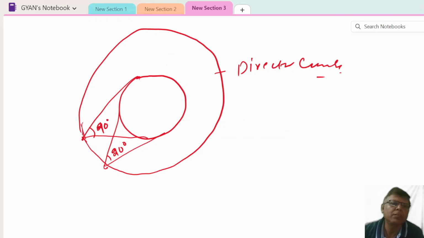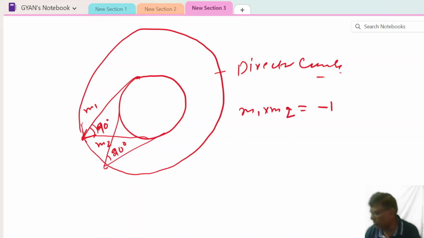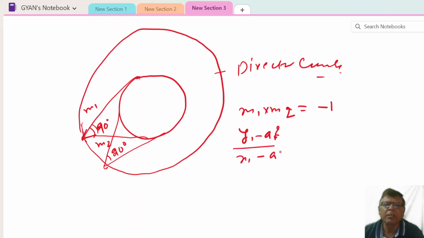So here this is 90 degree, this is m1, this is m2. So for the director circle, m1 into m2 is equal to minus 1. So m1 into m2, we have already calculated, is y1 square minus a square divided by x1 square minus a square, equal to minus 1.